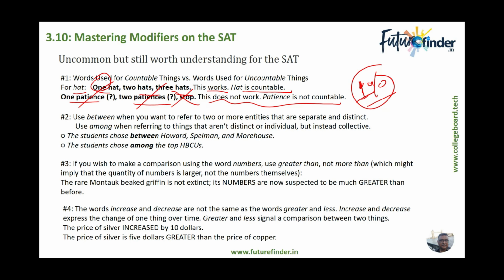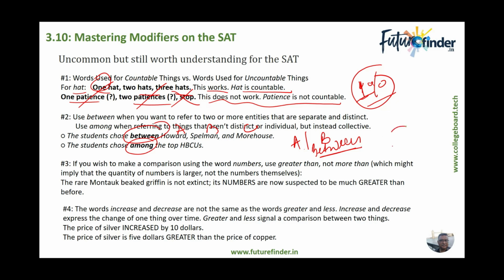What about using between and among? You use between in a sentence wherein there are 2 distinct individuals. So individual A and individual B will get a between. As in this one, the students who chose between individual A, B and C. This is how between works.